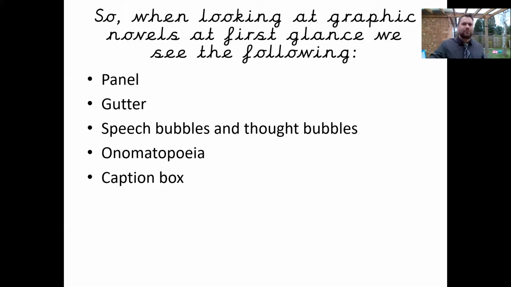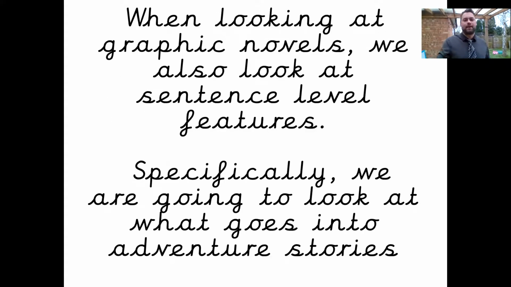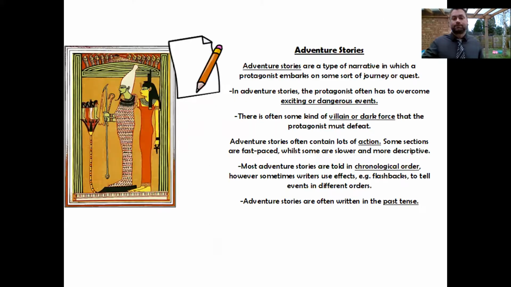But what actually is the graphic novel about? Okay, so we need to look at what goes into the actual graphic story. Now, graphic novels are normally about adventure stories, so that's what we're going to look into. Now, adventure stories are types of narrative in which a protagonist embarks on some sort of journey or quest.